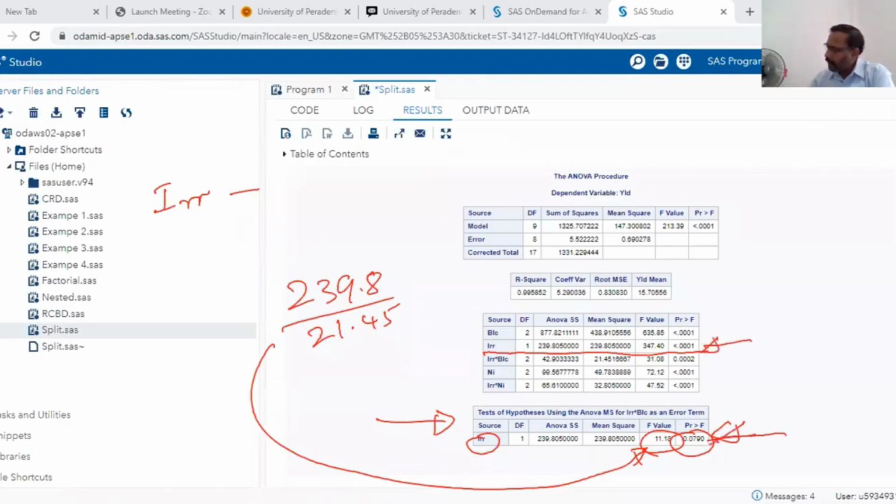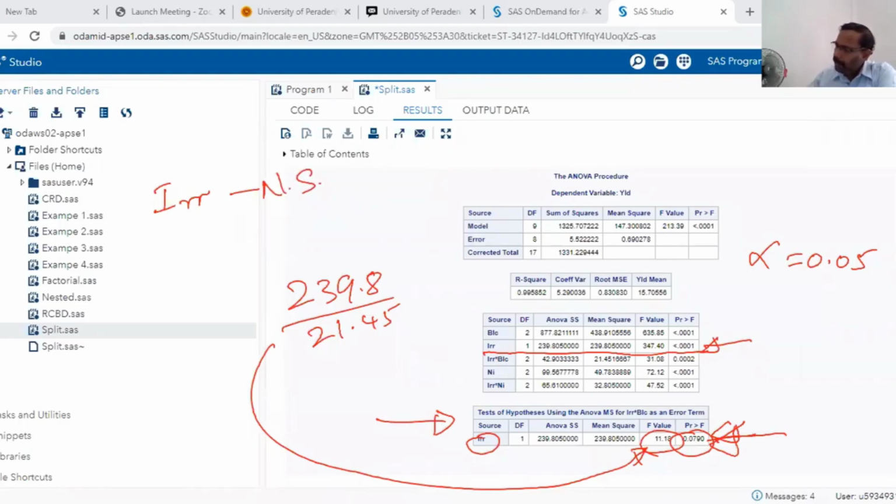Now look at this value. If we take alpha as 0.05, now it is not significant, because the alpha value is smaller than the probability value. So irrigation is not significant.